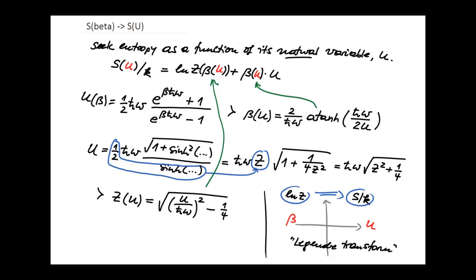So you use the general formula, that's the first line on this page, that relates the entropy to the log of the partition function plus beta times u. But initially you have the problem that you get s as a function of the wrong variable. In order to get s as a function of its natural variable u, you still have to do this inversion. You have to express beta as a function of u until you get s as a function of its correct natural variable. And that's an example of the Legendre transform.